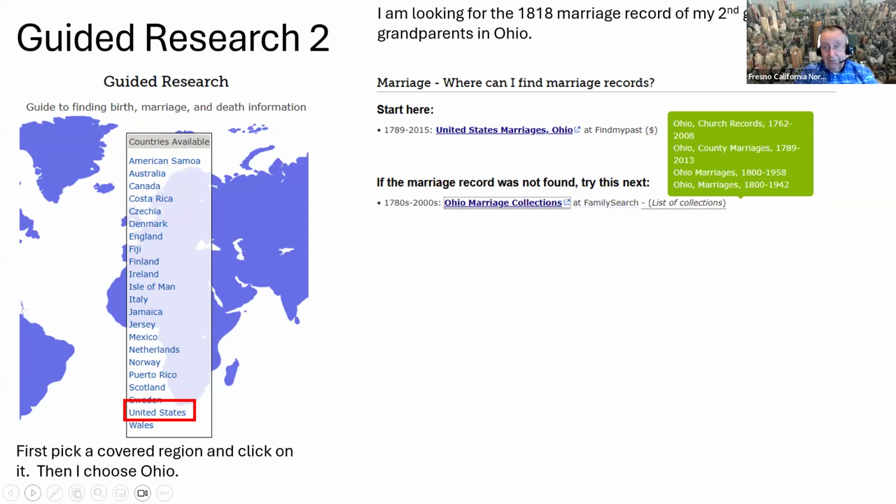It'll search in this case for Ohio church records from 1762 to 2008, Ohio county marriages, and 2 different Ohio marriage databases that cover slightly different time periods. So it's really going to go through 4 different databases looking for what I want.